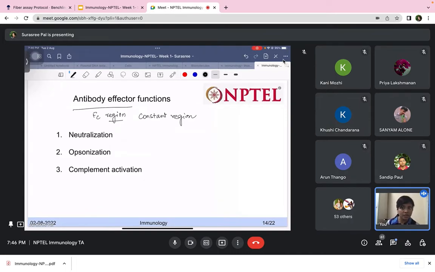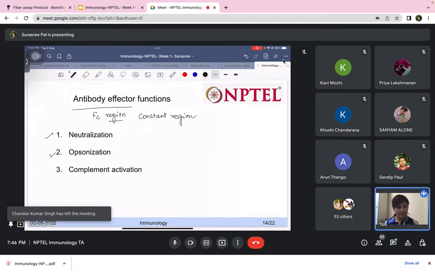I told you there are two regions on the antibody: one is the variable region and the other is the constant region. The constant region brings out the effector functions, that is, after the antigen is recognized by the antibody, what will be the outcome, how the antibody will eliminate the antigen. This process takes place in three ways: neutralization, opsonization and complement activation. These are the three types of effector functions that an antibody can do.